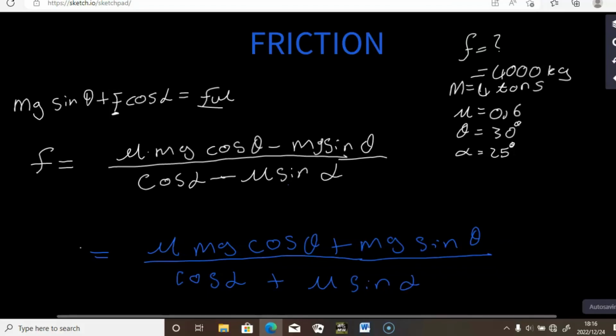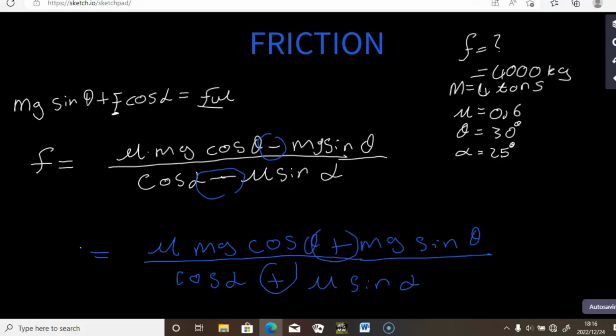So if you get your directions wrong on the components, it will affect you here. And once your signs are wrong, then your answer unfortunately is not going to be correct. So you have to know how to get the direction of the components. You have to know how to draw the correct structure based on what they are giving you.